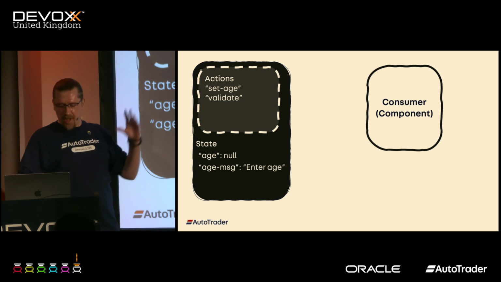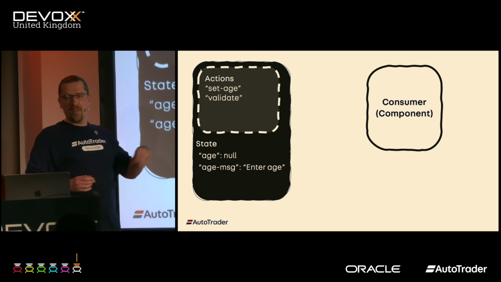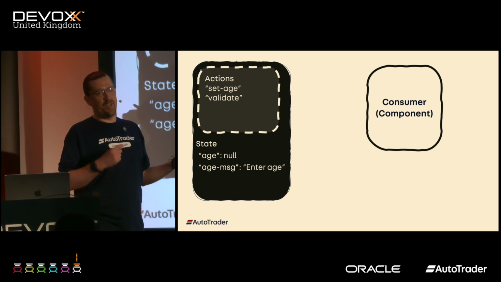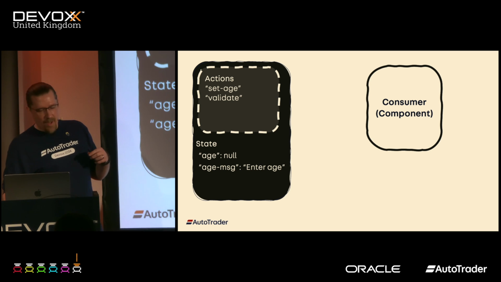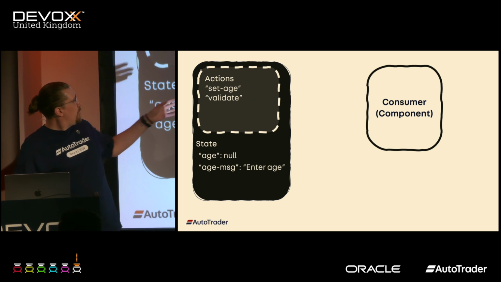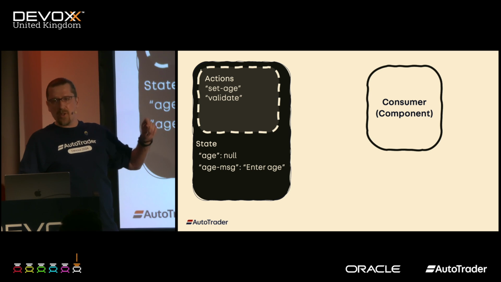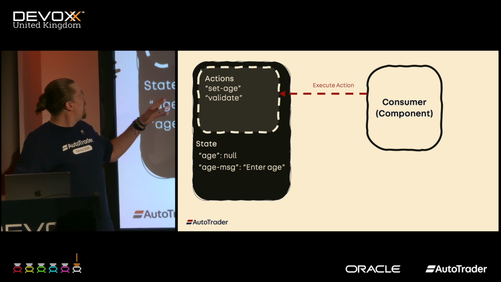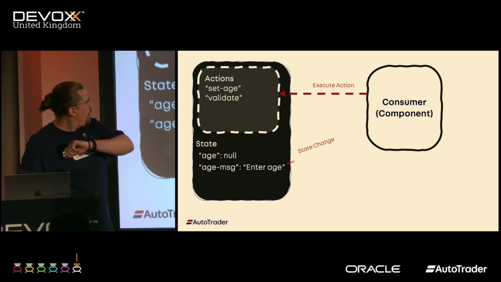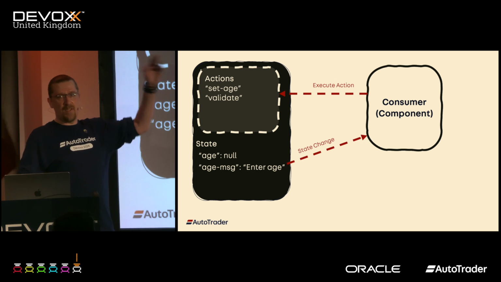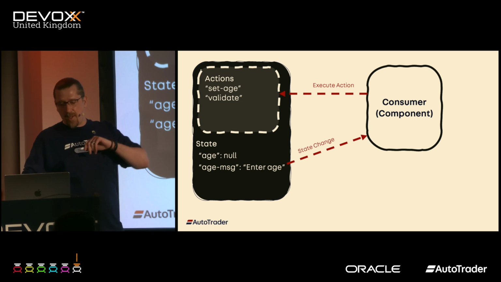We skipped the reducers section in there. Can't remember what that means now because we skipped it. We built our store. Our consumer is each individual UI component that goes on the screen. That can execute actions on the store, and the store emits its state changes and the UI updates.